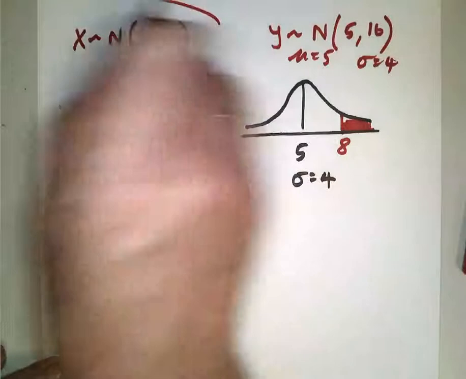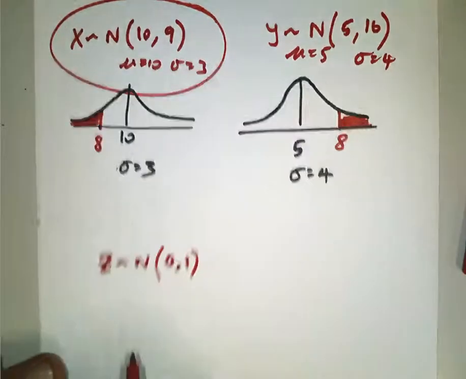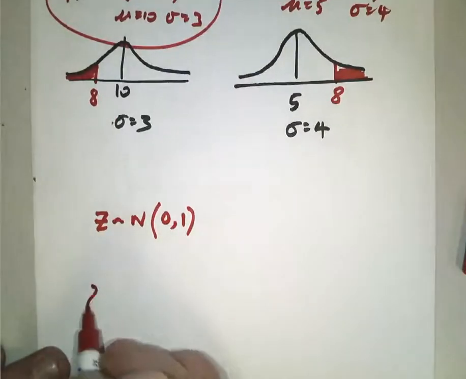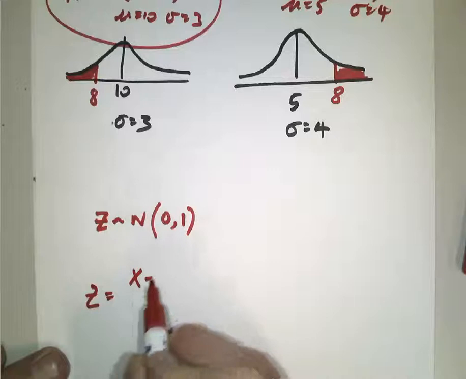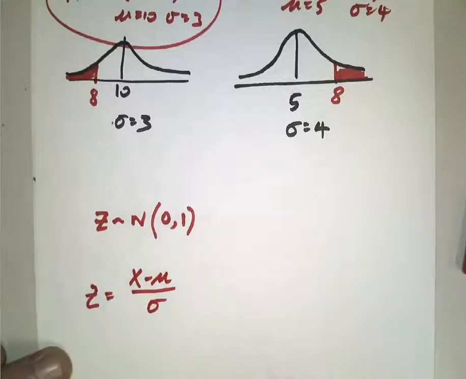And I can turn X into Z by using the rule Z equals X minus mu over the standard deviation. In X's case, that would be X minus 10 over 3. That gives you the Z value.